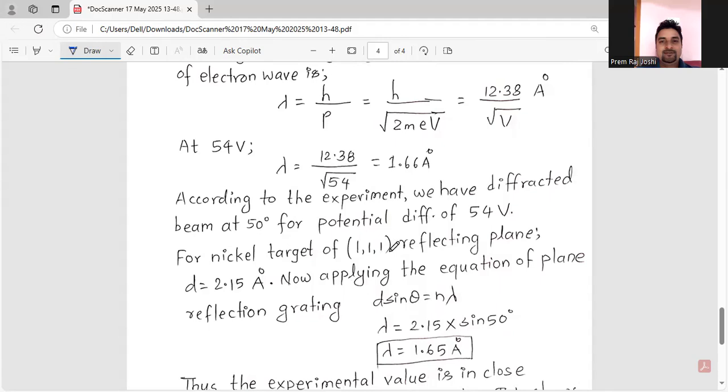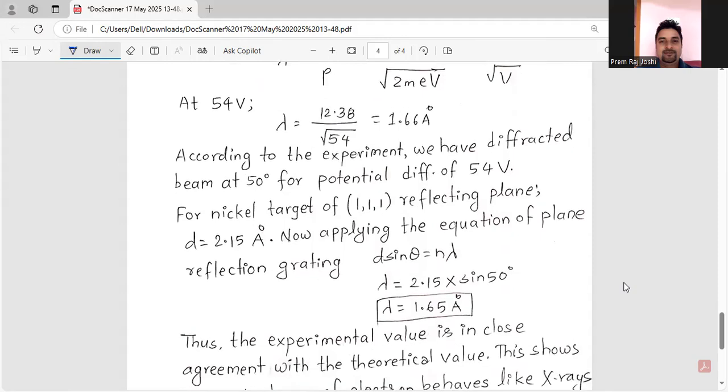We can say that the reflecting plane has crystal spacing d equal to 2.15 angstrom. Now applying the plane reflecting grating equation, d sin theta equals n lambda, and putting n equal to 1, we get lambda equal to 1.65 angstrom. From theory, we got 1.66; from experiment, we got 1.65 angstrom.